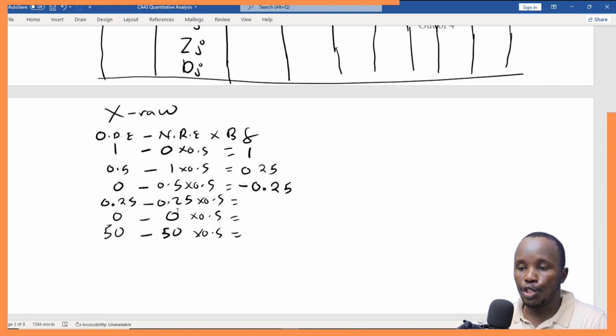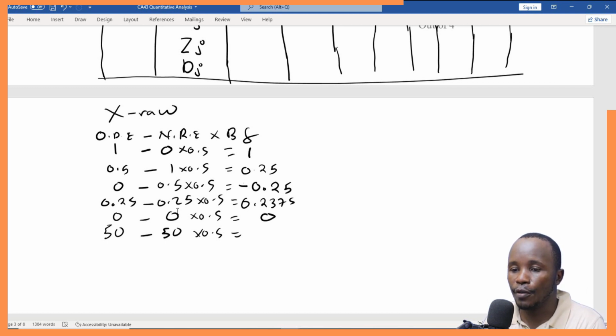You get 0.2375. Then here we have 0. What do you have here? 50 times 0.5 is 25. 50 minus 25 is 25. I hope it's clear up to that point.